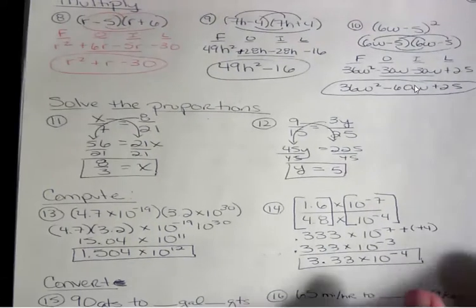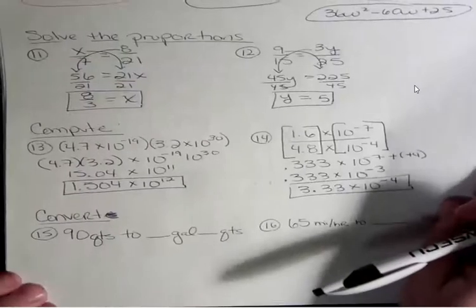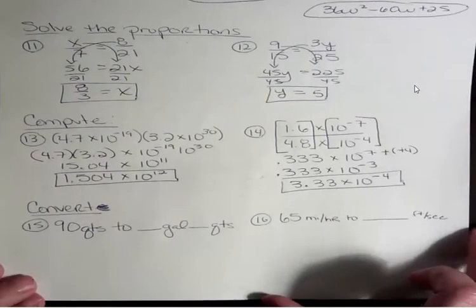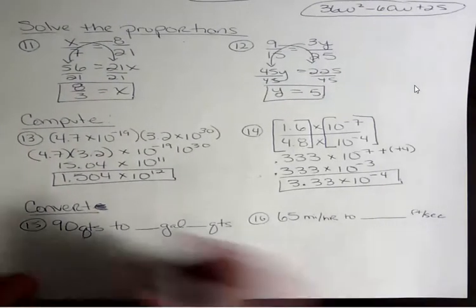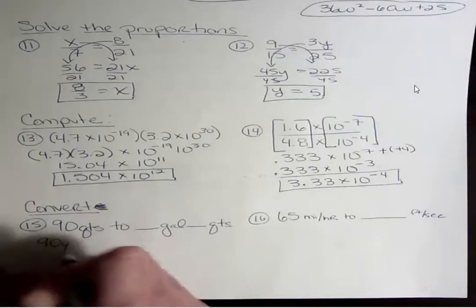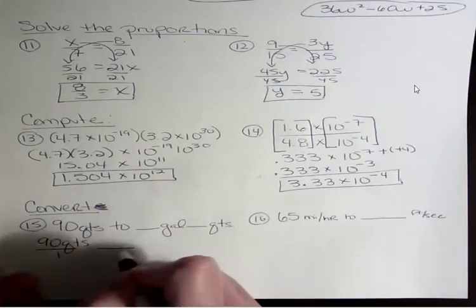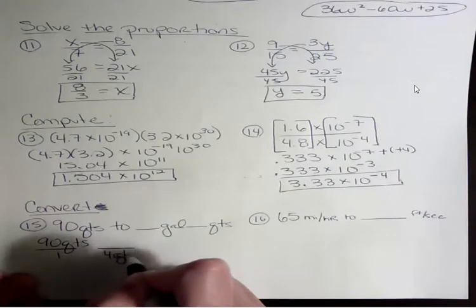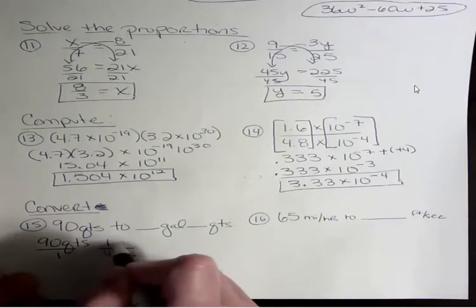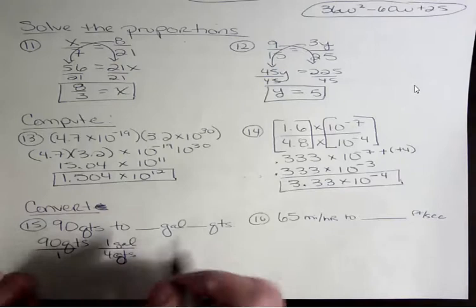This is conversion, and we're talking about converting 90 quarts into gallons and quarts. So 90 quarts, you put that over 1, and then you say I have 4 quarts for 1 gallon. So you can see what's happening.